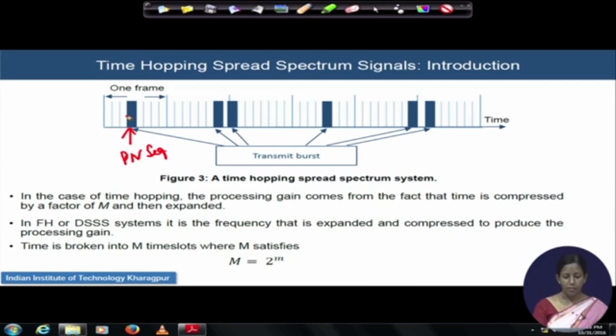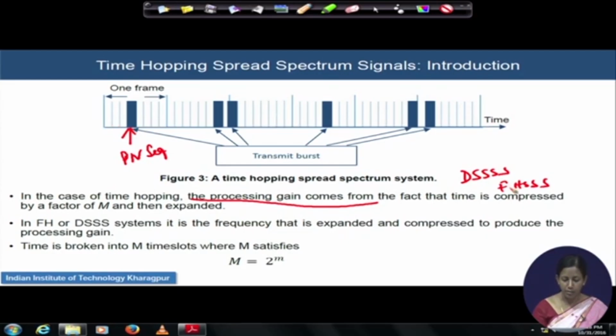The basic difference is in the way the processing gain comes in time hopping, compared to the direct sequence spread spectrum and the frequency hopping spread spectrum systems. In time hopping, the processing gain comes from the fact that the time is first compressed, and then it is expanded in the receiver.